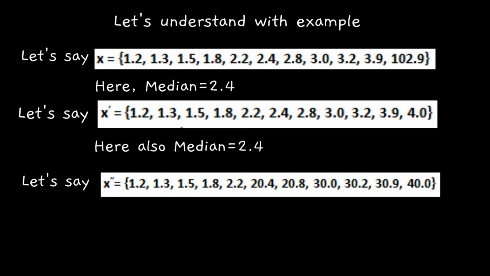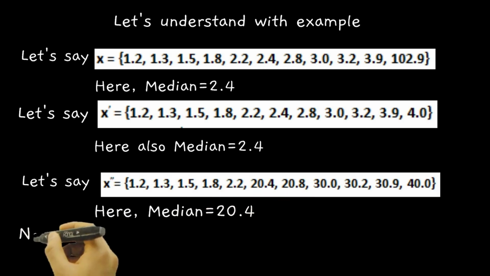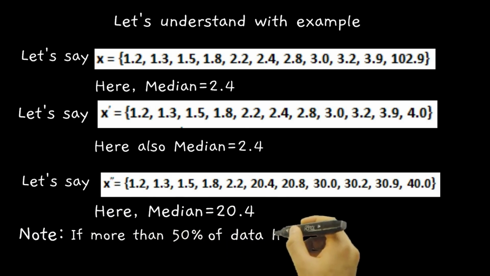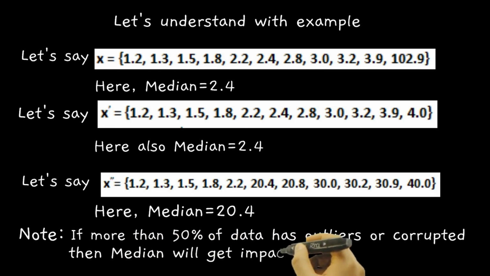Then we can notice here its median is 20.4. So if more than 50% of your data is not correct or right, then and only then your median is getting impacted or corrupted. This is a very interesting observation.